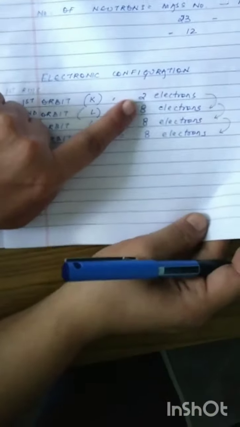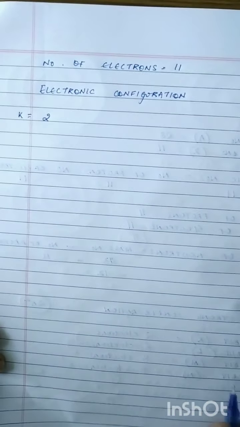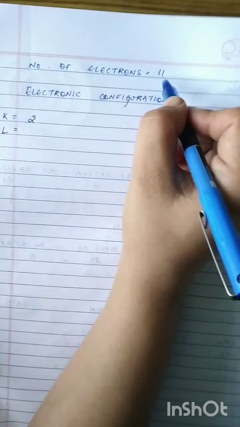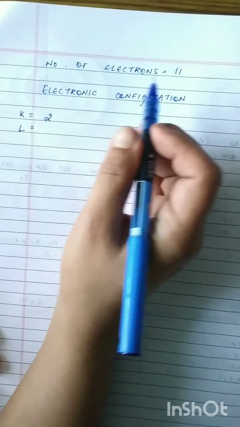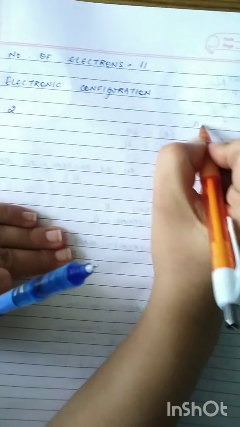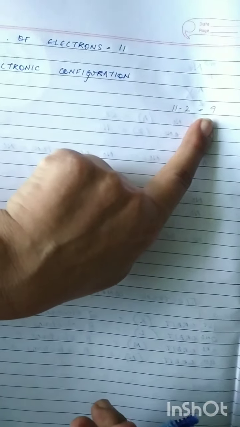Maximum of 2 electrons. So out of this 11, the first orbit will have 2 electrons. Second orbit. So out of 11, 2 are here. So 11 minus 2, how many left? 11 minus 2, 9.